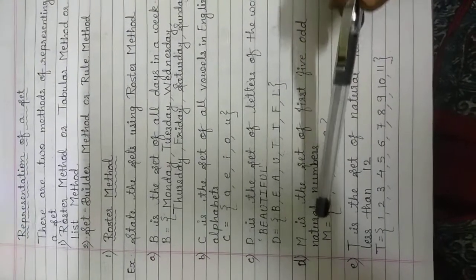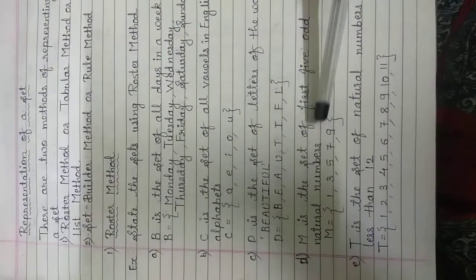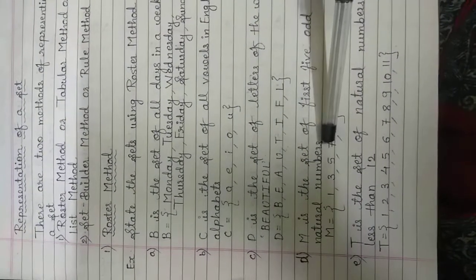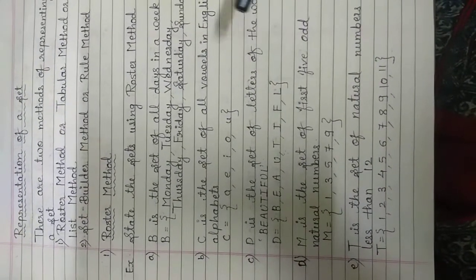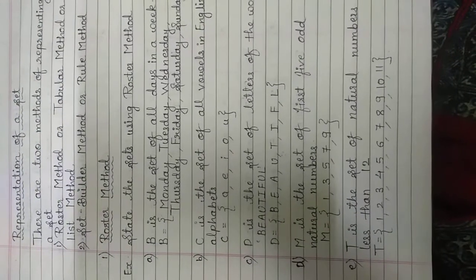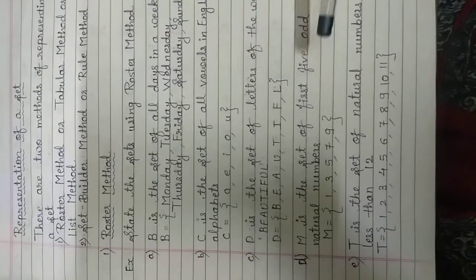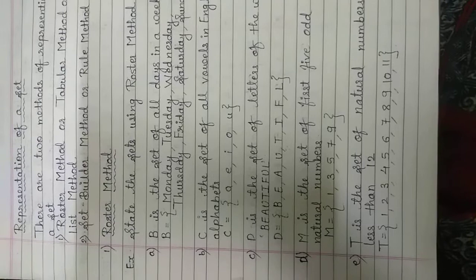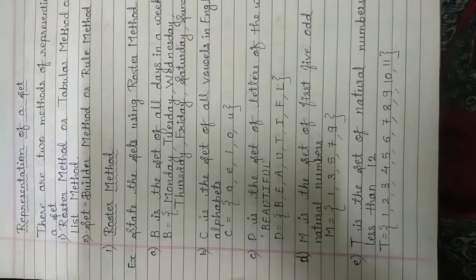Next example: M is the set of first 5 odd natural numbers. Now we know the natural numbers 1, 2, 3, 4, 5, 6 and so on. From that we want only odd natural numbers, that means 1, 3, 5, 7, 9, 11 and so on.